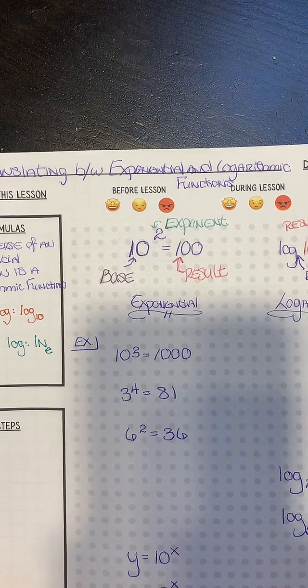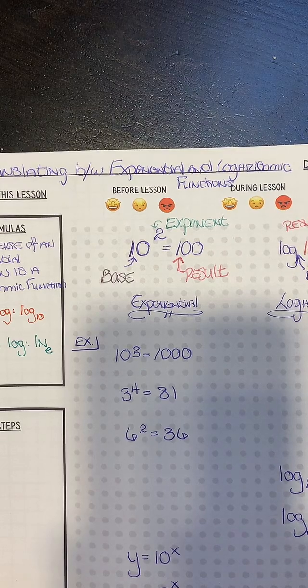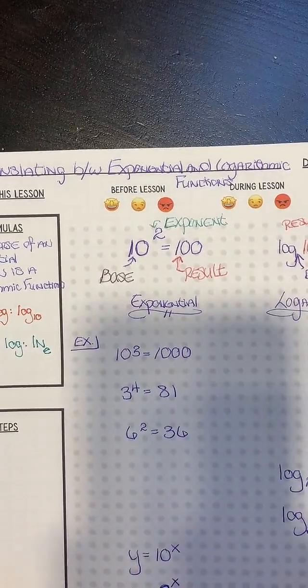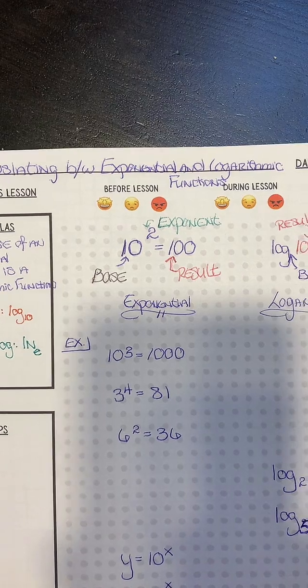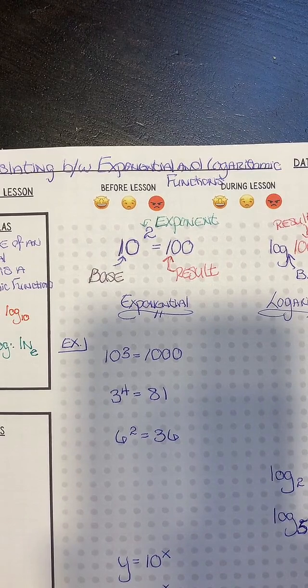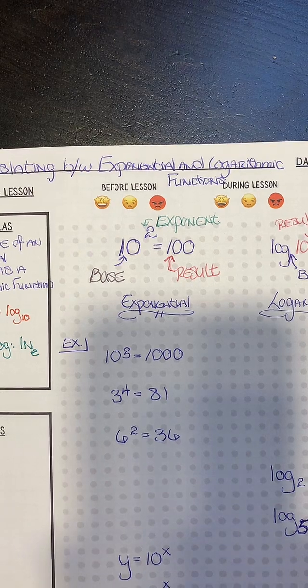The inverse of a square is a square root. The inverse of a cube root is a cube. The inverse of an exponential is your logarithmic. So you're going to be seeing a couple of different phrases or things that you would normally see on your calculator, like your e's, your exponentials, all those lovely things.